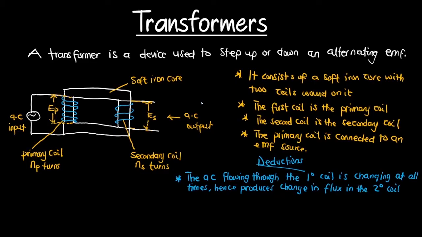Now another thing is the flux that is produced in the secondary coil, right? The flux produced in the primary coil is proportional to the number of turns and then the current moving through the coil. So if we look at the primary coil over here, the flux produced by the AC input is inducing another flux to be produced in the secondary coil.